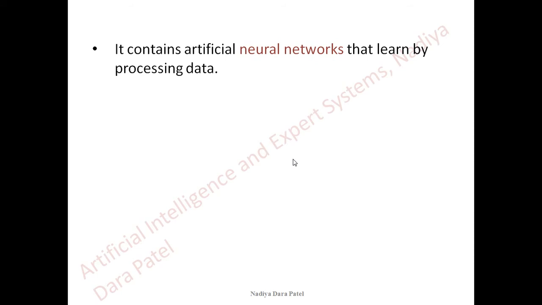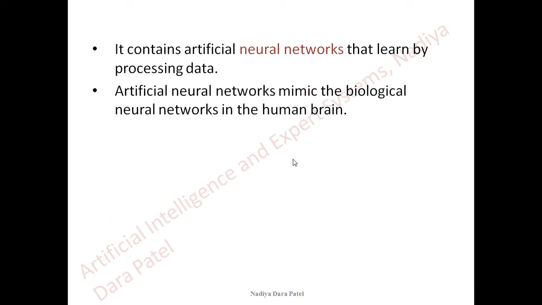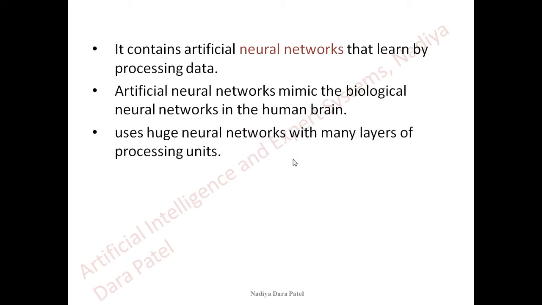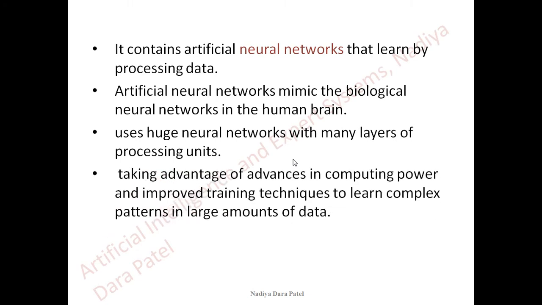The first thing it does is it contains a neural network that learns by processing data. An artificial neural network mimics the biological network in the human brain. It uses a huge neural network with many layers of processing units. It takes advantage of advances in computing power and improved training techniques to learn complex patterns in large amounts of data.